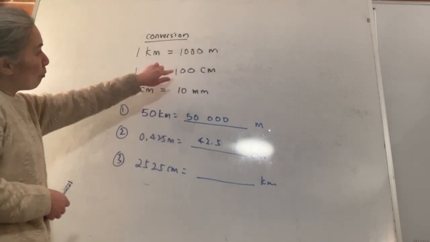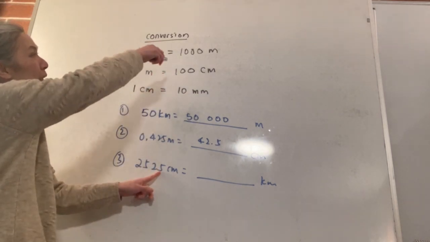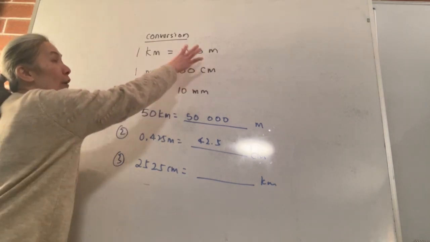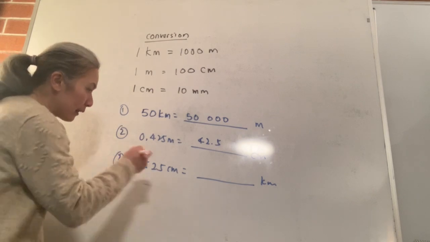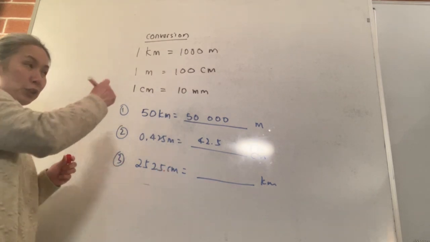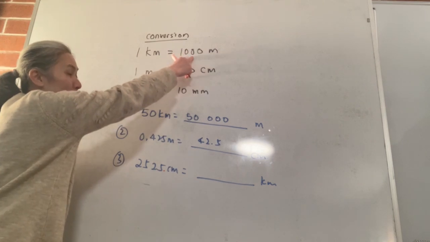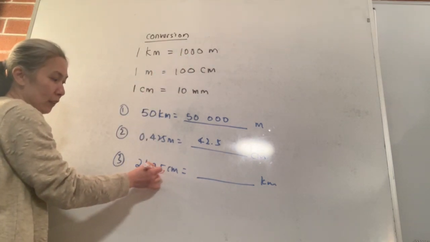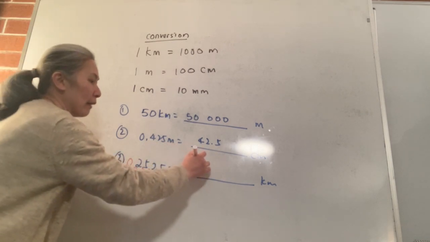From centimeter to meter, I need to divide it by 100, and from meter to kilometer, I need to divide it by 1,000. That means I need to divide it by a total of 10 to the power of 5. At the moment, the decimal point is right here. You need to shift it twice to get to meter and 3 more times to get to kilometer. That means I need to shift it 5 times. 1, 2, 3, 4, 5. So that is your number.